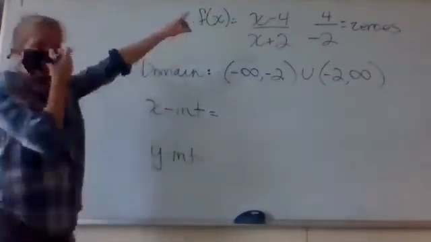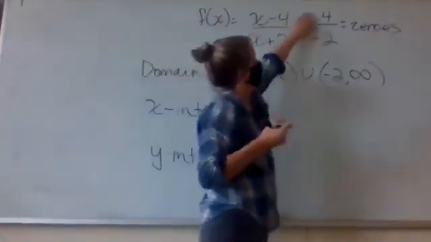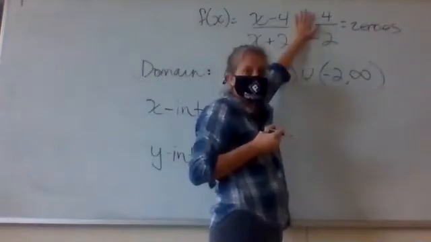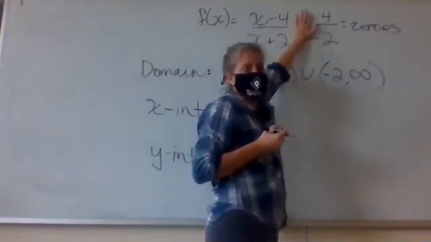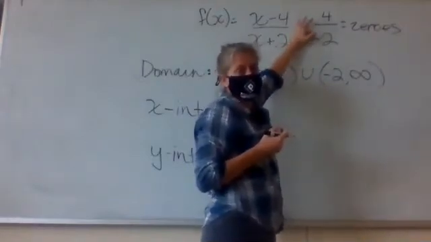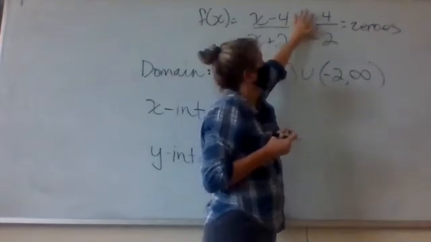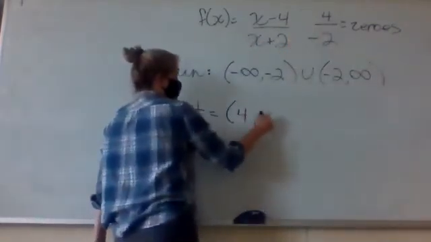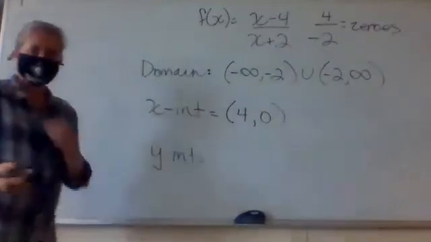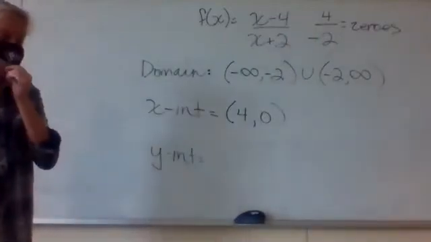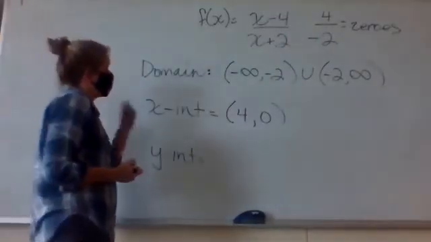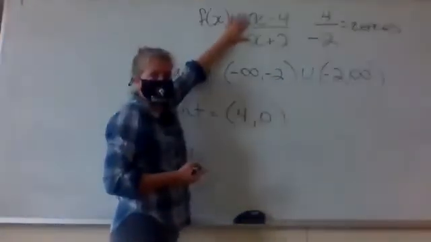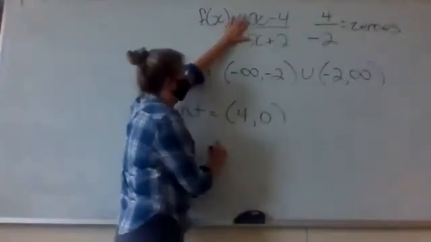Now remember the x-intercept, again, back up here to your zeros. This time the zero of the numerator, which is 4. And it's not also a zero of the denominator, which means 4 is your x-intercept. So your x-intercept is at (4, 0). Your y-intercept comes from replacing the x's of your function with zeros.